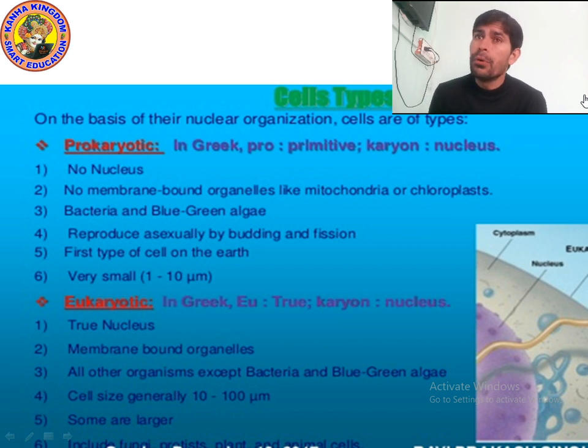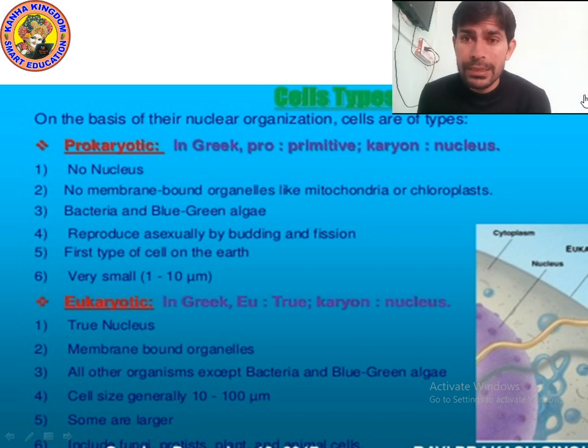Pro means primitive, and karyon means nucleus. So prokaryotic means primitive nucleus. They are actually an old type of cell. In the prokaryotic cell, no nucleus is present.